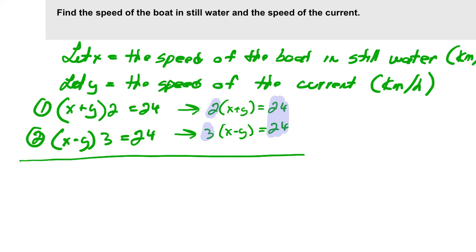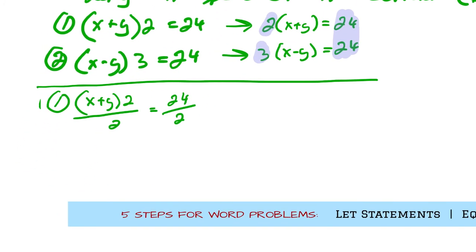So that's the solution I'm going to choose. To show you, I'm going to show a little bit more than I normally would. I'm going to divide both sides by 2. I would normally just do that in my head. The 2's will cancel out, and you'll be left with x plus y equals 12.